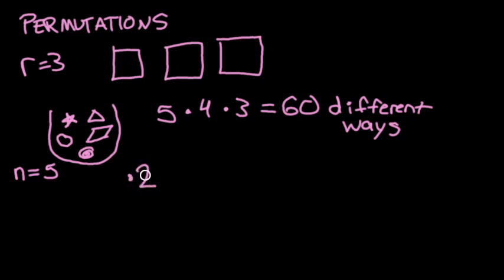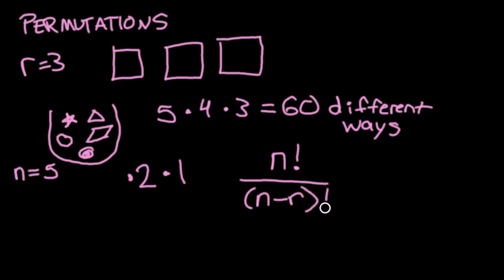So what got eliminated here from the factorial? Well, originally we were multiplying by 2, and then we were multiplying by 1. But that kind of got left out of the mix this time around. So the equation for a permutation is n factorial divided by the quantity of n minus r factorial. And that makes sense, right?